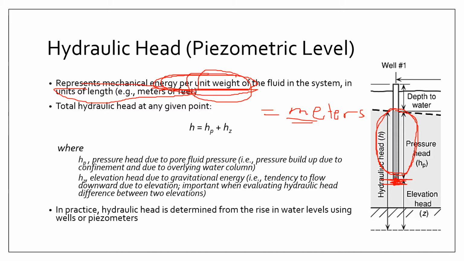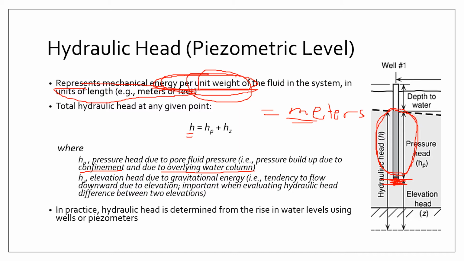Now, total hydraulic head at any given point is a summation of hydraulic head due to the pore fluid pressure, which is typically due to confinement in the case of a confined aquifer, and also due to the weight of the overlying water column.